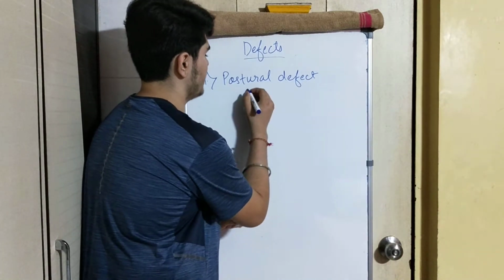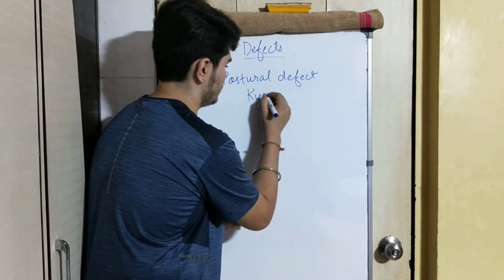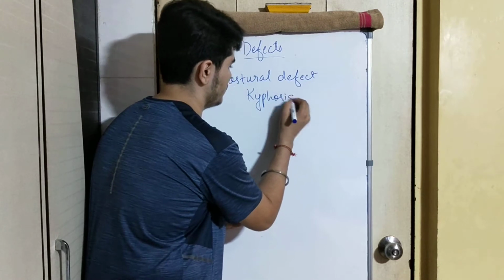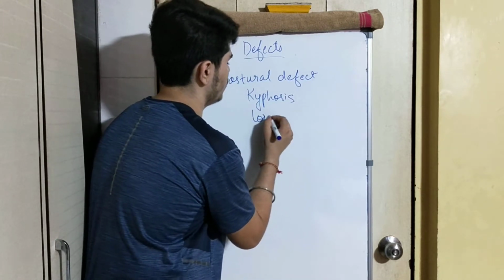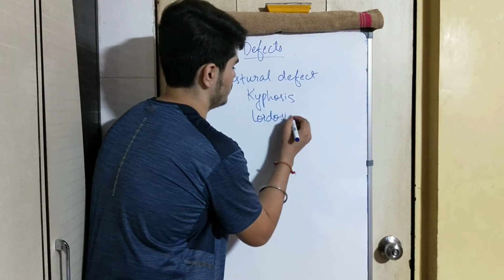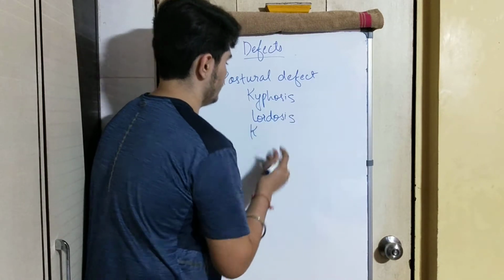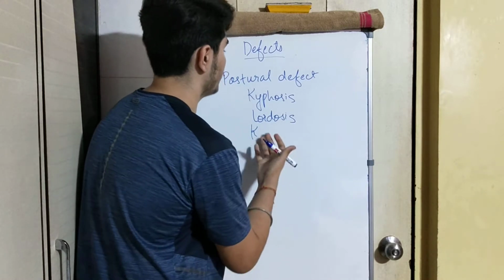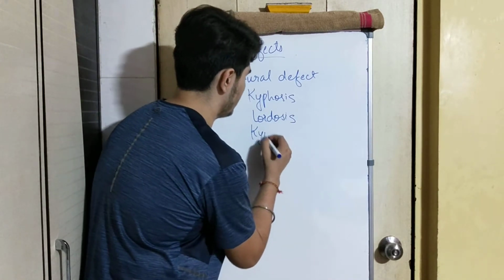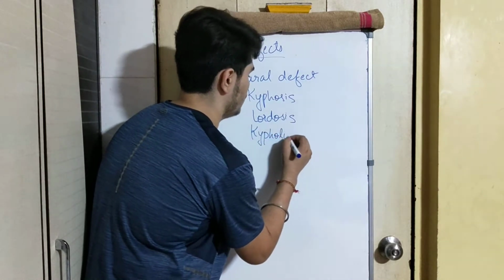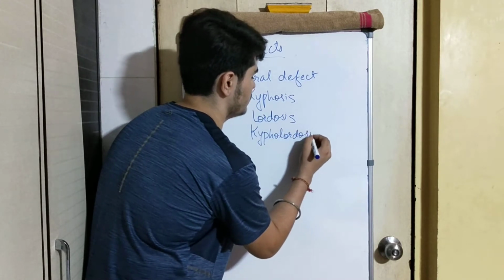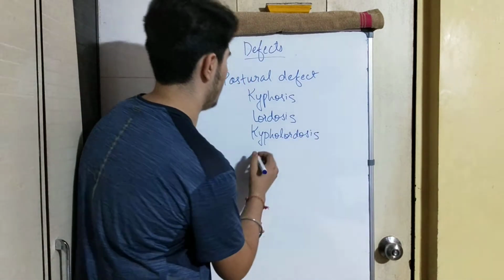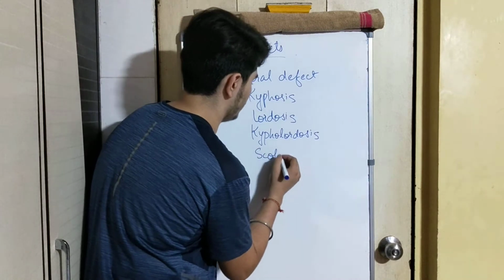Different postural defects are kyphosis, lordosis. These two together are called kypholordosis. And the last is scoliosis.